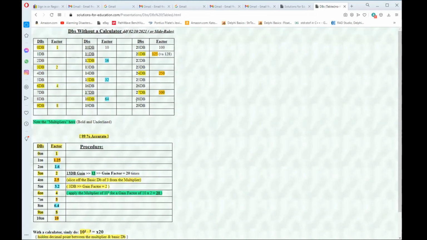Dave, I have a question for you. Fire away. Is your factor the same thing as a power ratio? Actually, the power ratio is the whole thing, not just the whole factor. Yes, the whole factor is the power ratio. Thank you. In engineering, of course, they have the formula for this.